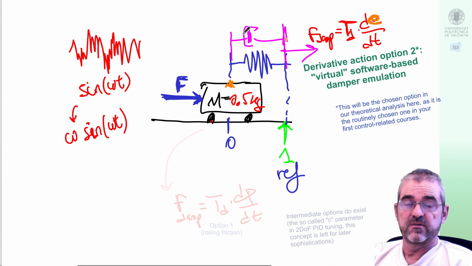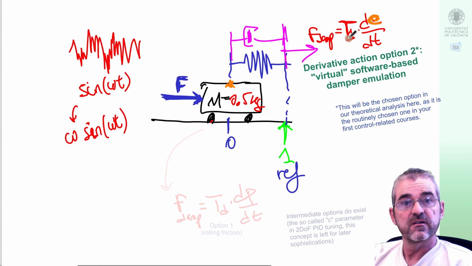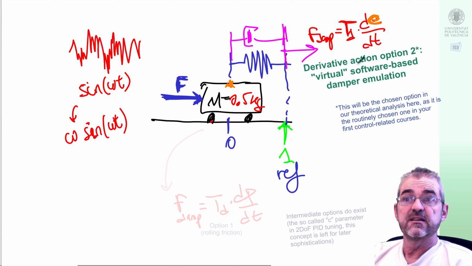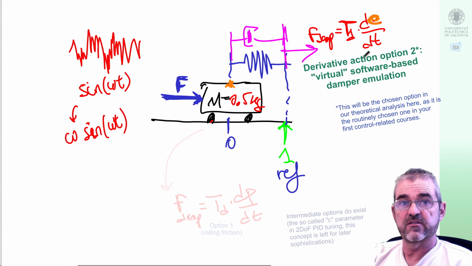And well, that would end up being equivalent to a software realization of this damper here. And we also could have intermediate options. But okay, for simplicity, in this video we will just discuss this option at the top right of the derivative action, derivative of the error, in order to compute the closed loop equations. Treatment with the other friction option is similar, but for brevity will not be discussed in here.